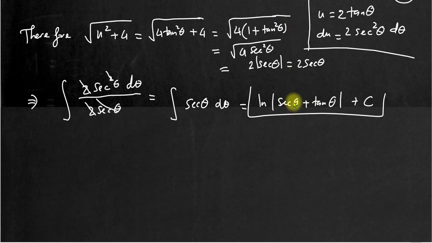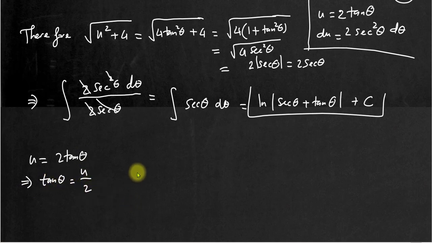Now to find the secant of theta in terms of x, let's use the expression u equals 2 tangent of theta. And I know that I can solve for theta. Tangent of theta equals u divided by 2. And I can draw the right triangle. This is theta.